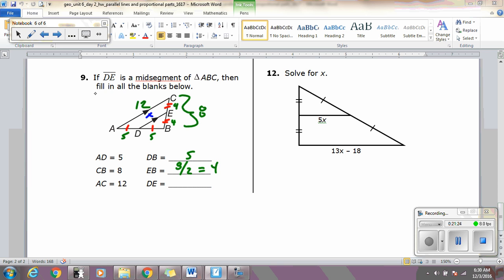There's several ways of finding DE. You can use a proportion like we've done in the past few problems. Or another fact about a midsegment is that the midsegment will be half the size of the line that it is parallel to. So again, midsegment is equal to half the parallel side.